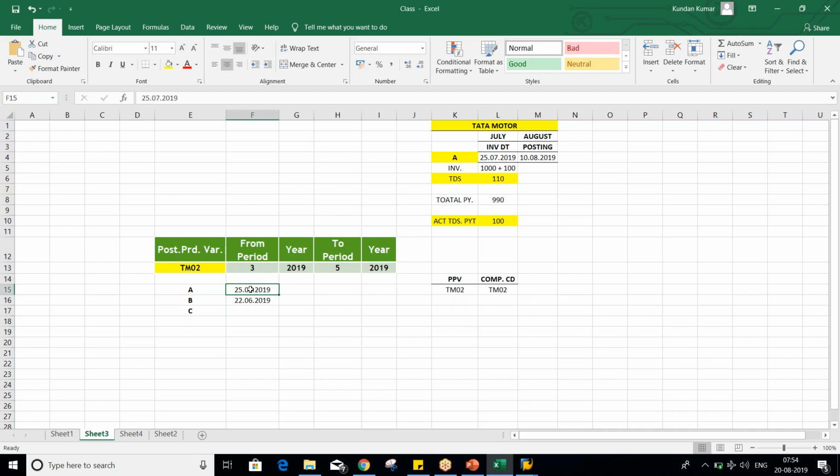Okay, and all three, guys, all three are close friends, and everyone has made one mistake. This A forgot to post transactions which belong to the previous period, 25th of July.